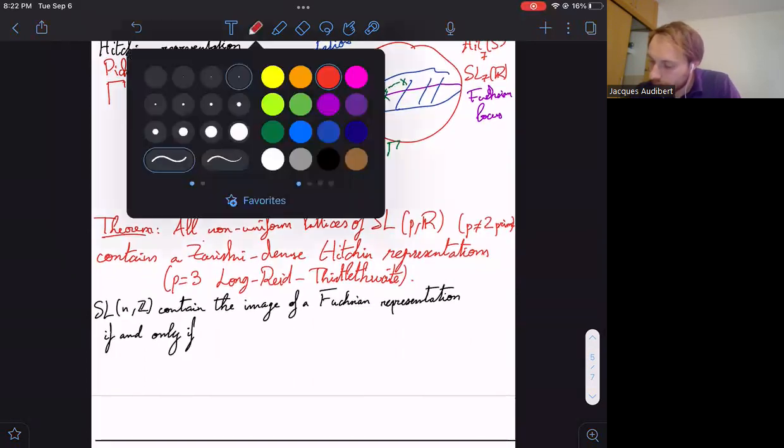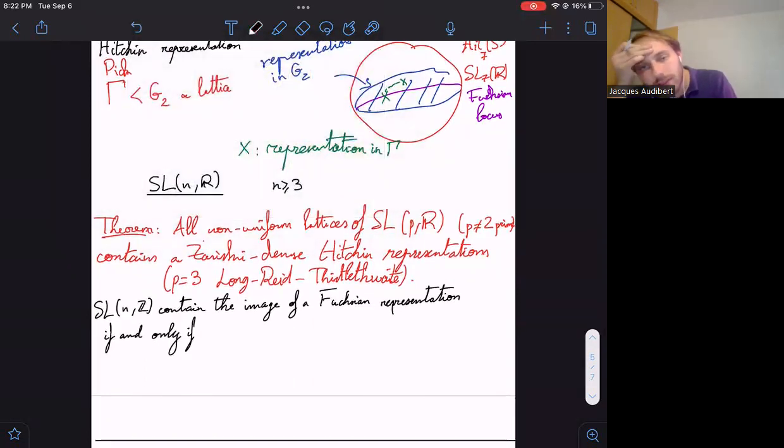One fact that helps to understand how difficult it is to construct Hitchin representations in lattices of SLNR is that, if you look only at Fuchsian representations, we can prove that SLNZ contains the image of a Fuchsian representation if and only if n is odd. That's why the odd case is always a bit easier for this question.